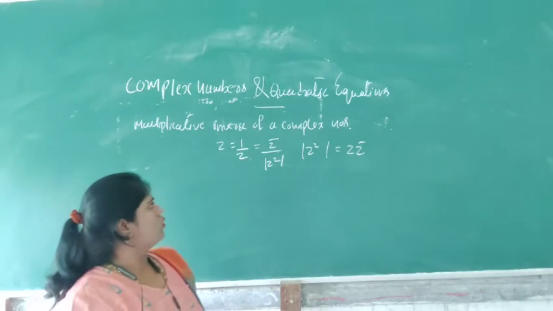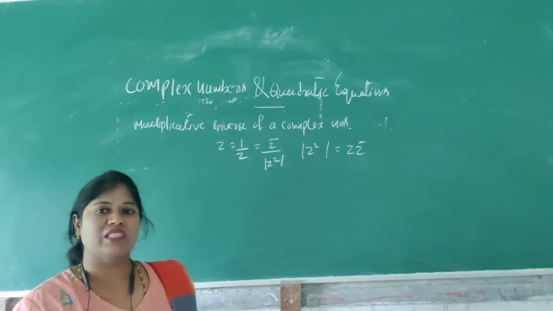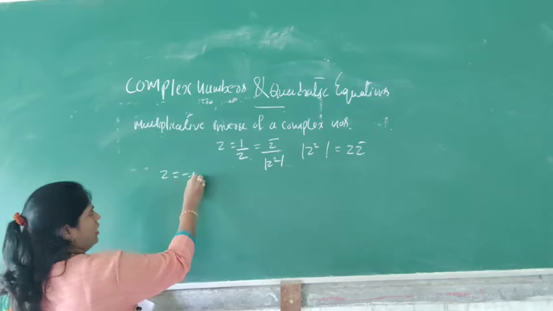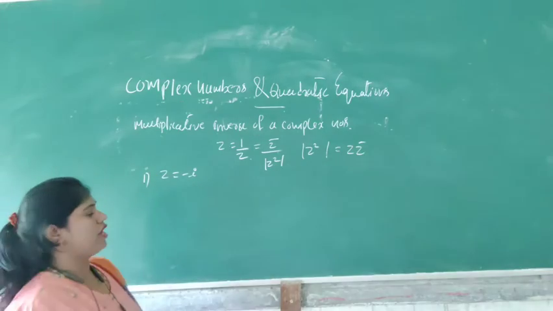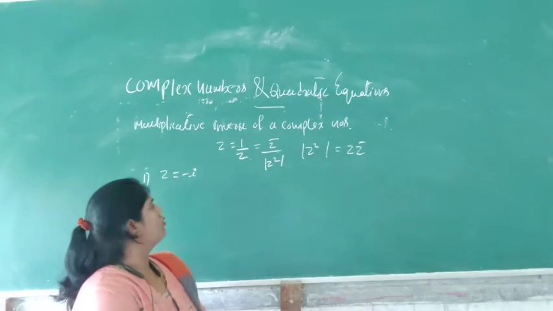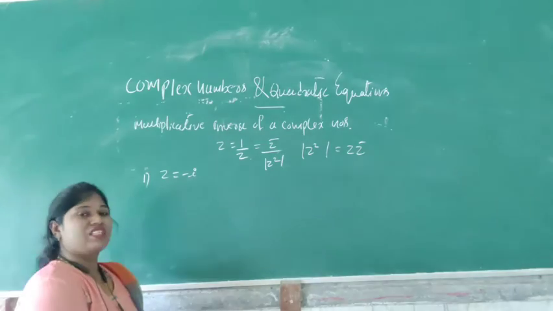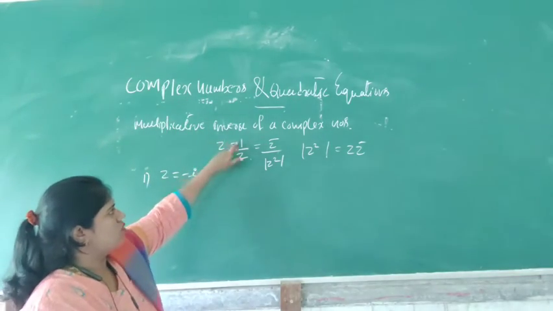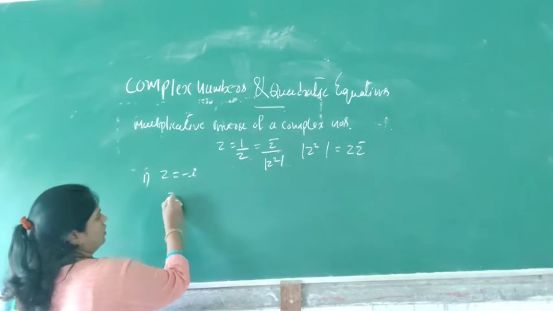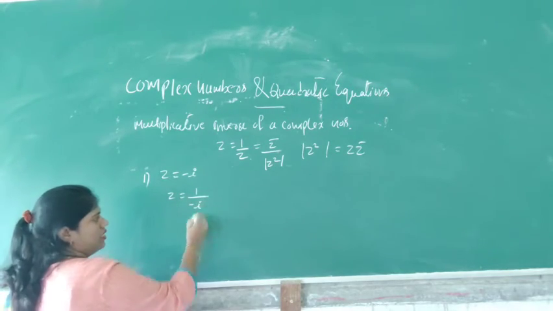Okay. So the question will be, find the multiplicative inverse of complex number minus i. So z is equal to minus i. We need to find the multiplicative inverse. So what is the formula? It is 1 by z. So 1 divided by, what is z value? Minus i.